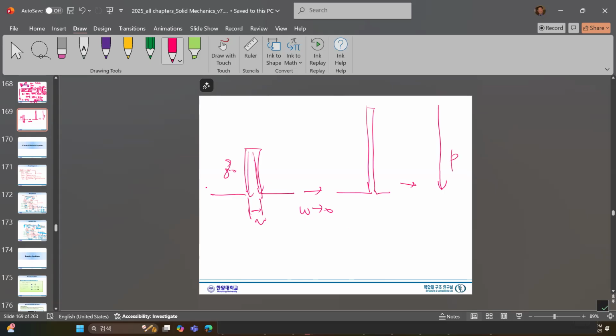Well, simply because we consider all load as a distributed load. This is a distributed load. This is a concentrated load.